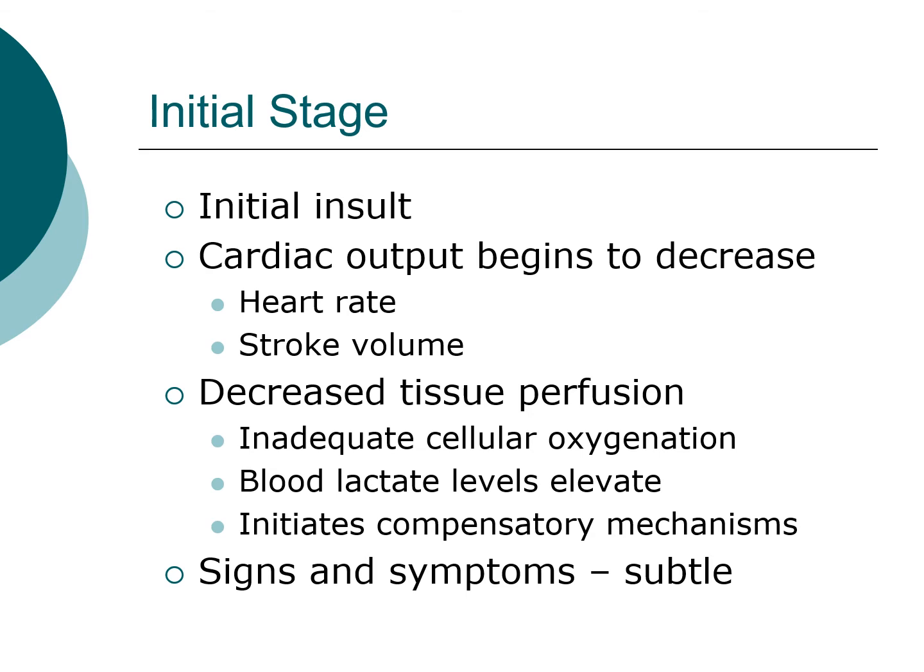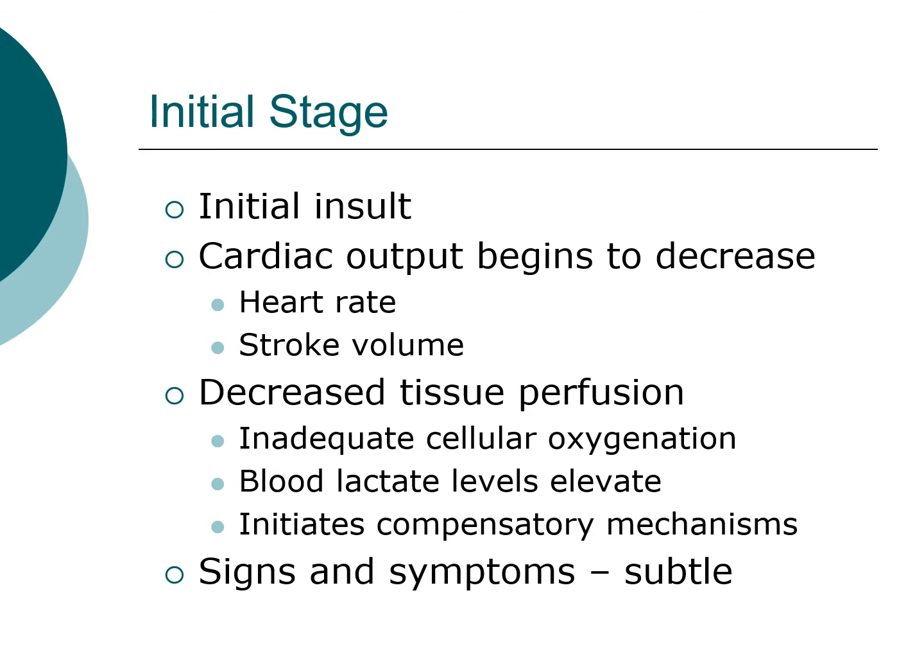As the output decreases, the rate might go up, your stroke volume might be dropping a little bit. But the big issue is there's an initial decrease in tissue perfusion. And we have this beginning of blood lactate levels elevating because of the anaerobic respiration. It's very subtle. So initial compensatory mechanisms might start, but the signs are subtle.